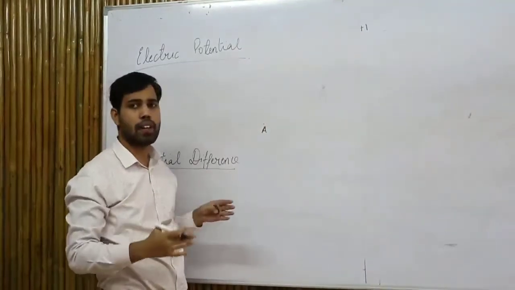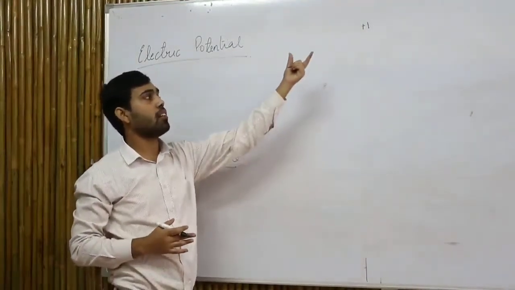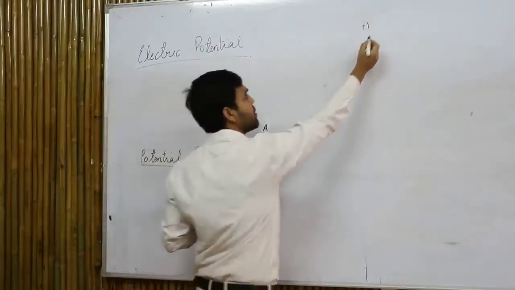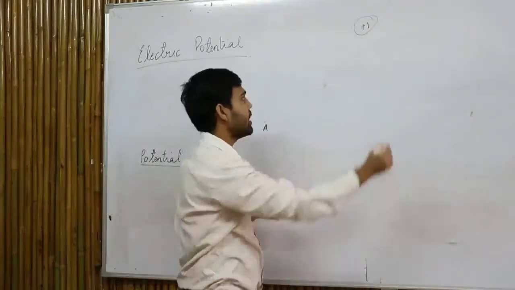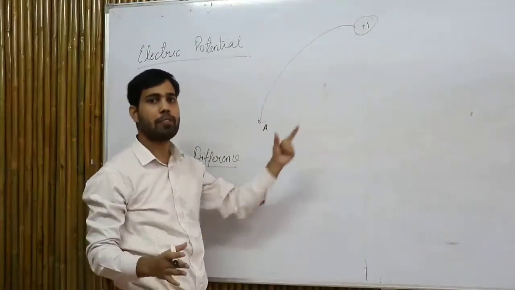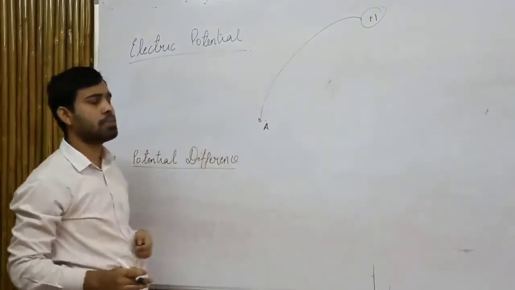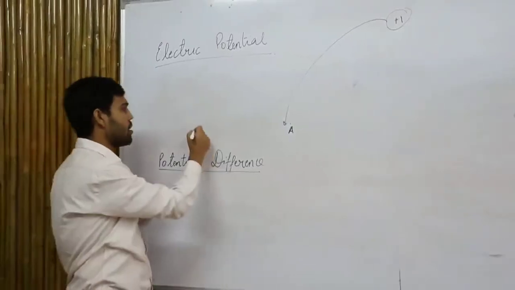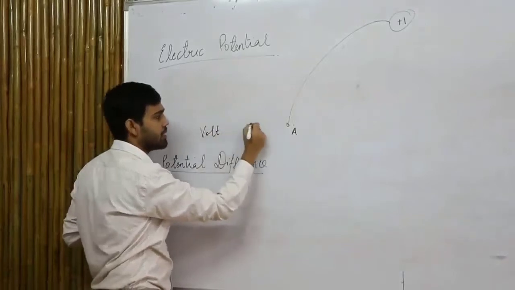A point which is very far away from point A. I cannot measure the distance between the charge and this point A. What I am doing is bringing this unit positive charge from infinity to this point A. And as I told you, when I do so, I have to spend some energy, and that energy is termed as the electric potential. The unit of electric potential is volt, V-O-L-T, and it is denoted by the capital letter V.